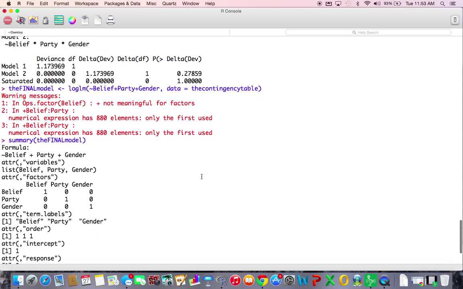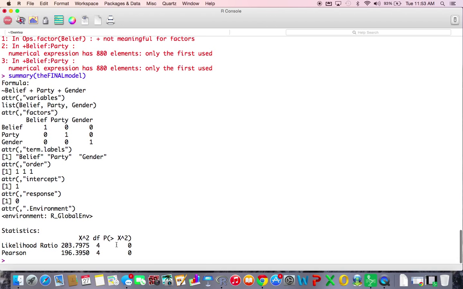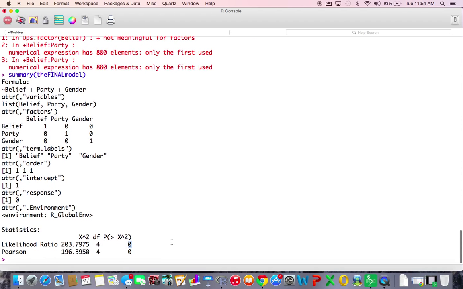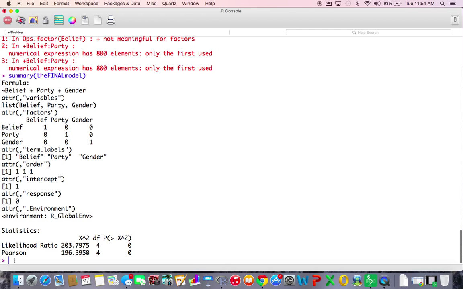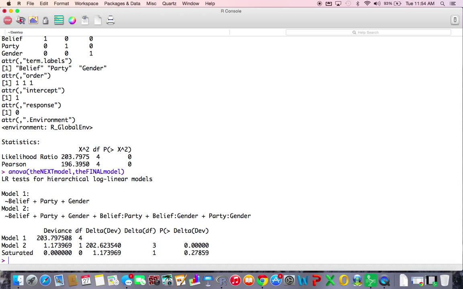And guys, in the final model, we can see that we get statistical significance. So that tells me that I need to run my ANOVA across the next model. These are kind of weird names. And against the final model, and see what happens. And I do have statistical significance.